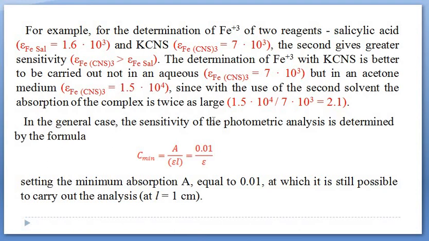Since with the use of the second solvent the absorption of the complex is twice as large, as we see from the difference. In the general case, the sensitivity of the photometric analysis is determined by the formula C minimum is equal to A divided by εL, and from this we find its value.